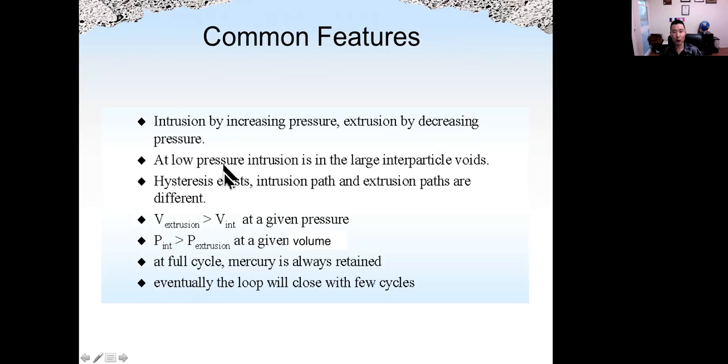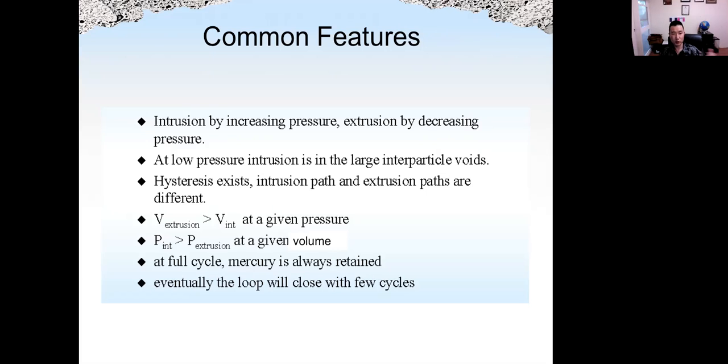At low pressure, the intrusion is in the interparticle space. When we have, for example, cement particles, we have interparticle space, so at lower pressure the mercury first intrudes into this larger interparticle space. Then when we further increase pressure, the mercury is pushed into the pores inside the particles.